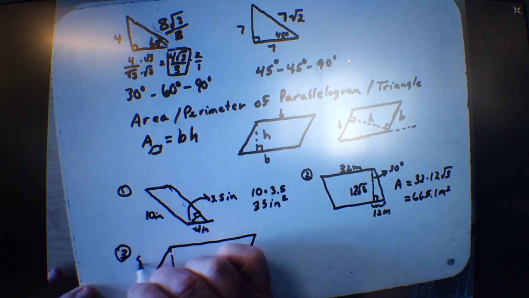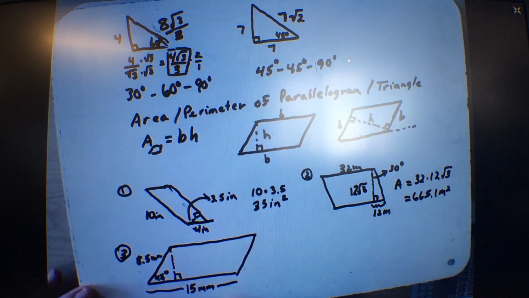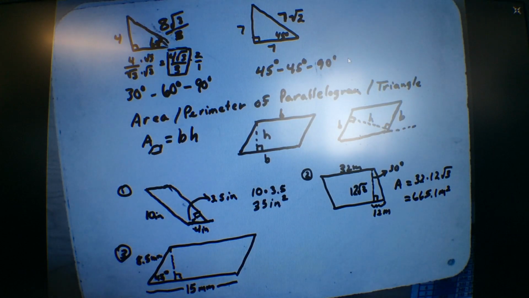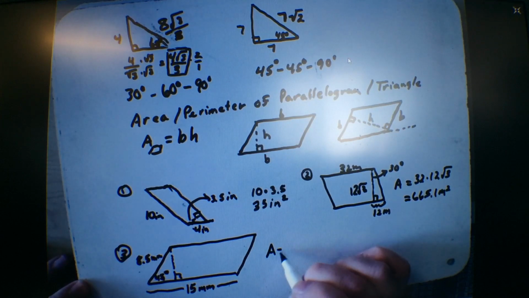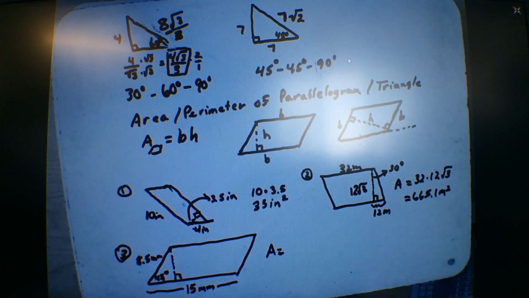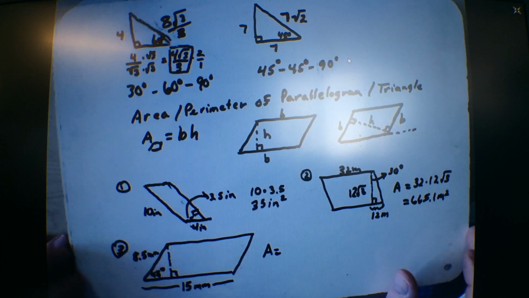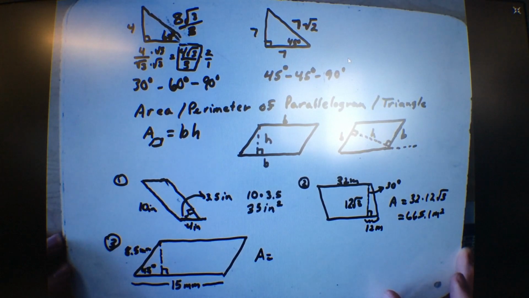And this is 8.5 millimeters. What am I missing in order to find the area? The height. I'm missing the height, aren't I? What value could I use to find the height? I could use the 45 degree triangle and use what value? 8.5. And 8.5 is what? It's the hypotenuse.